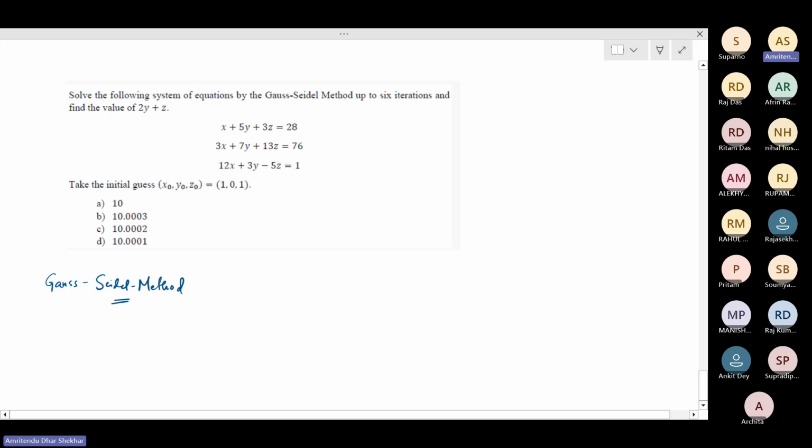Okay. So if you have a system of equations, I hope you understand that you can write any system of equations in this compact form.